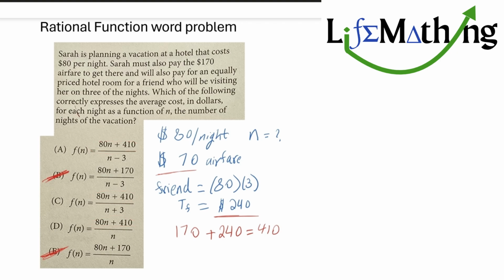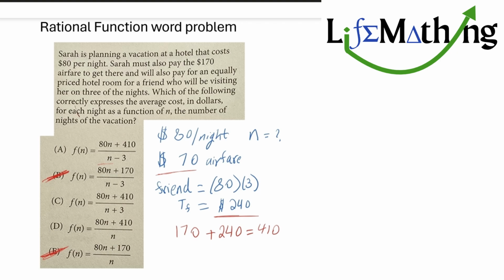Now we need to figure out the division. Do we need to divide by just the n, or the n plus 3, or the n minus 3? Since the 3 nights her friend is staying are part of the time that she's also staying, that means we're not adding or subtracting. It's basically the same days Sarah is staying, her friend is also staying.